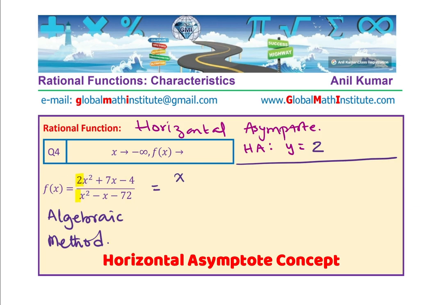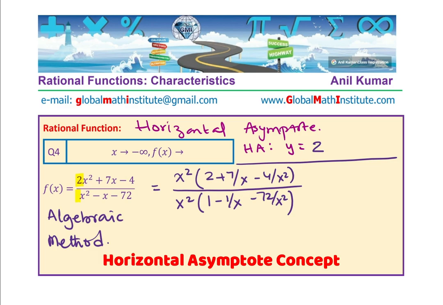So if I factor out x squared, I get 2 plus 7 over x, right, minus 4 over x squared. And in the denominator, we get x squared factored out, so 1 minus 1 over x, dividing by x squared, right, minus 72 over x squared.